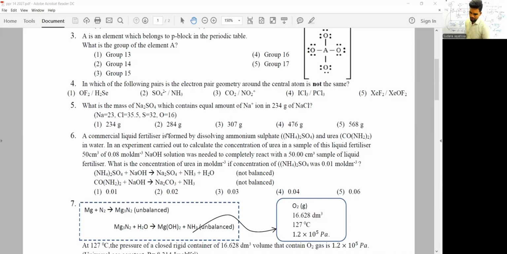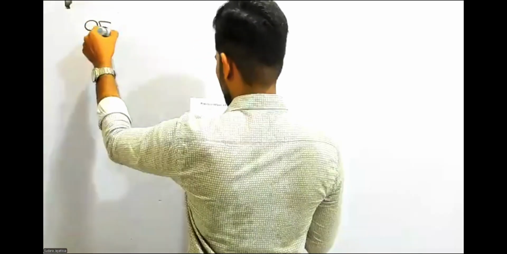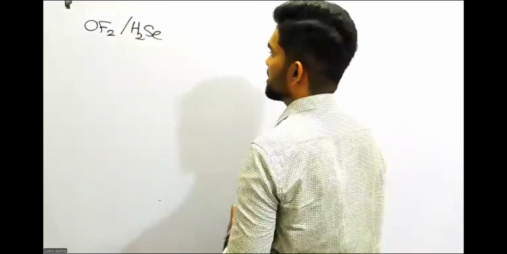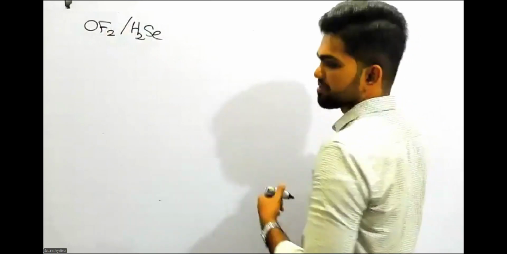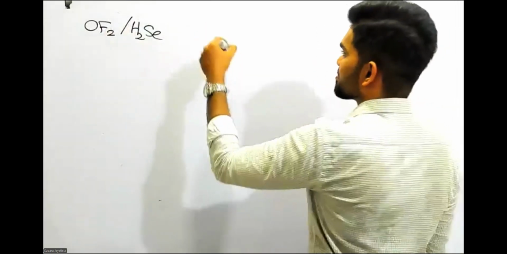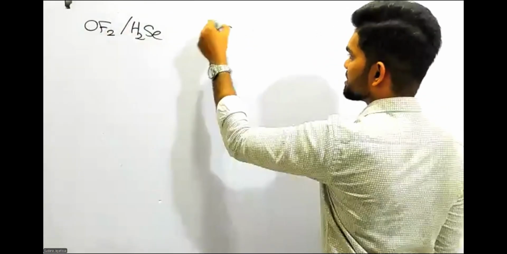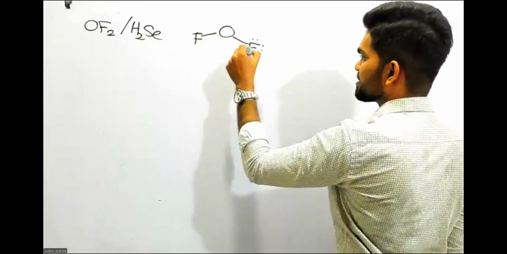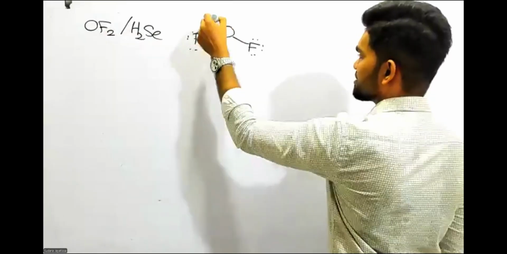In which of the following pairs is the electron pair geometry around the central atom not the same? OF2 and H2Se. Just remind yourself of water. How do we draw water? H2O. Similar to that, here instead of hydrogen, you have fluorine around oxygen.